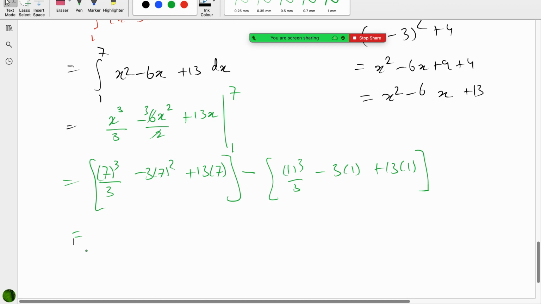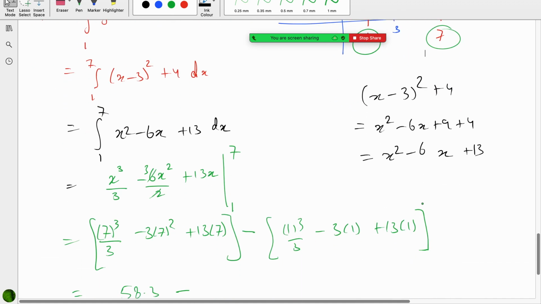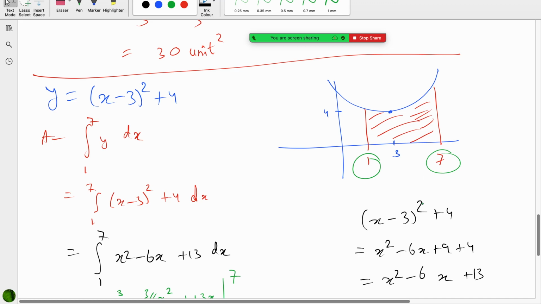Making use of the machine, 7 cube divided by 3 minus 3 into 7 square plus 13 into 7 is 58.3. Right here 1 and 7 are the limits. Both of these limits will be given, upper limit minus lower limit. It could be anything.